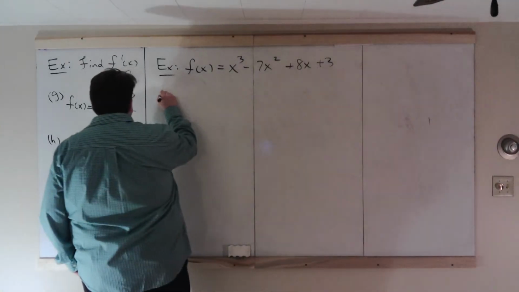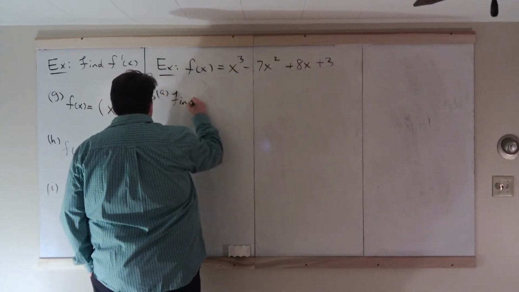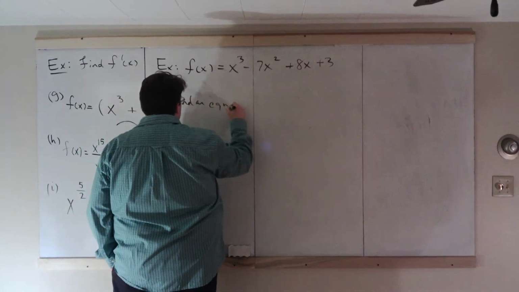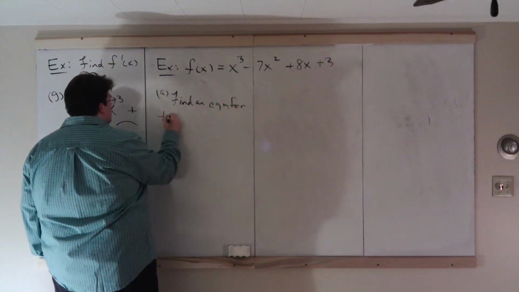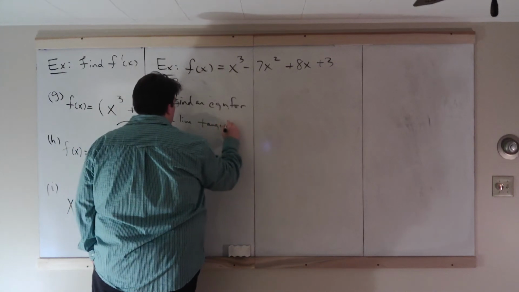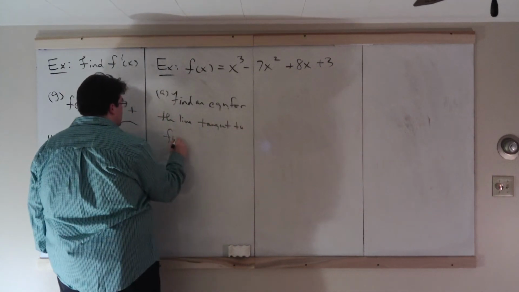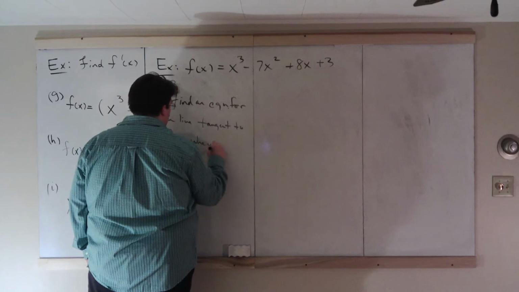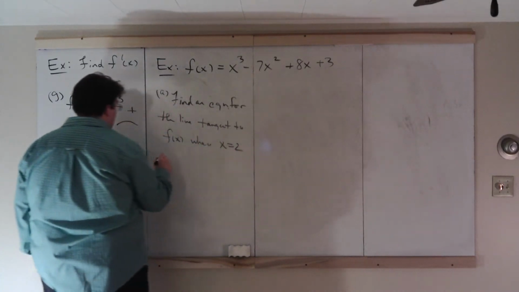Part A. Find an equation for the line tangent to f of x when x equals 2.